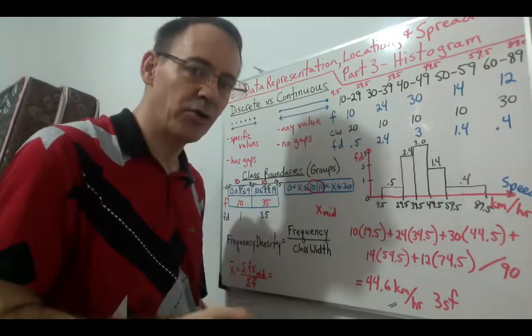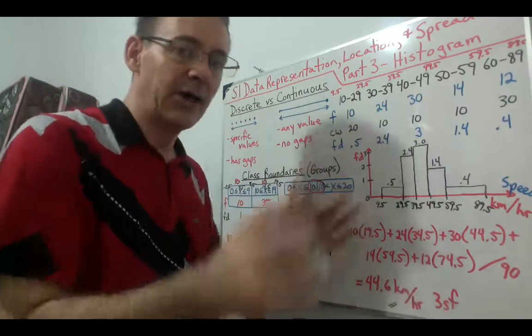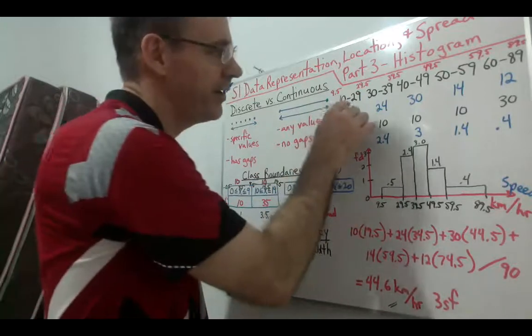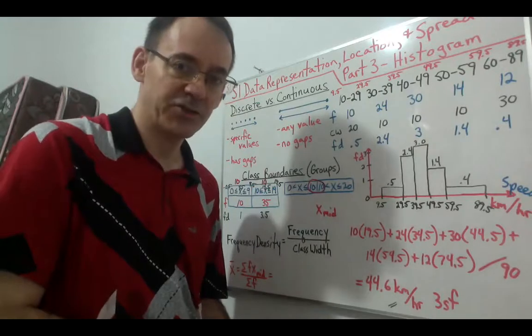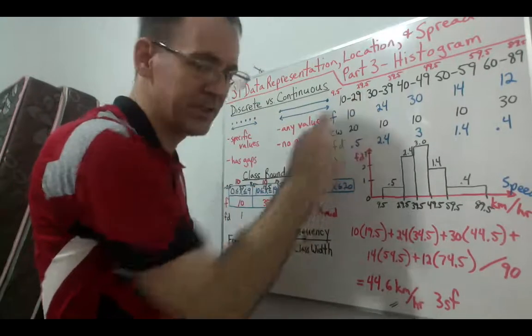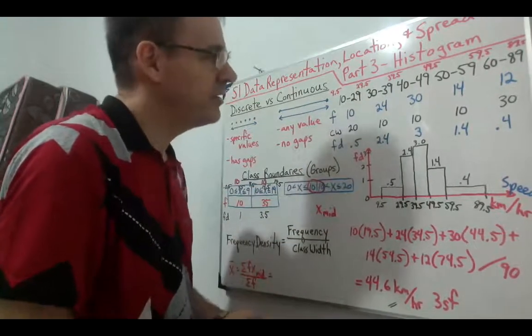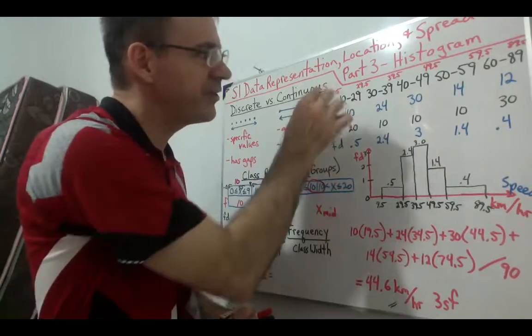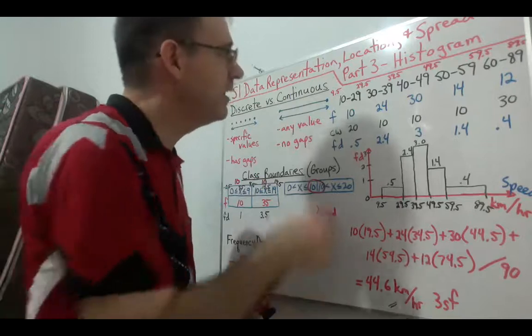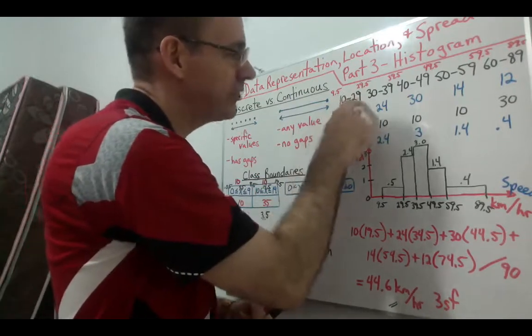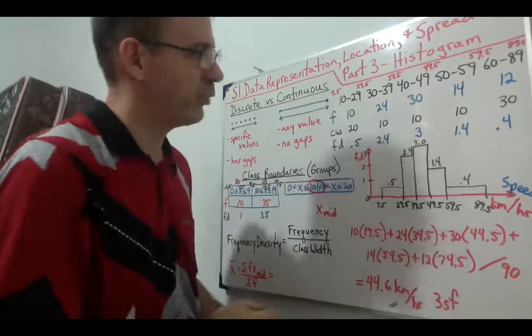So even though their system allows for the data, their groupings appear to be discrete because there's little gaps in here. So what we're going to do is fill those gaps in so that we're certain it's continuous. So notice halfway between 29 and 30 is 29.5.